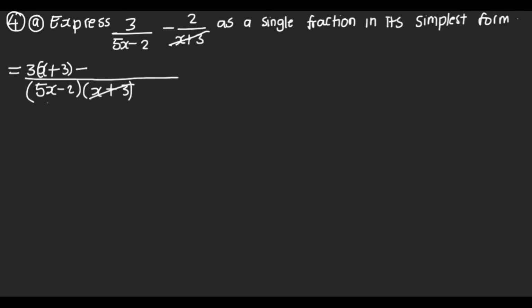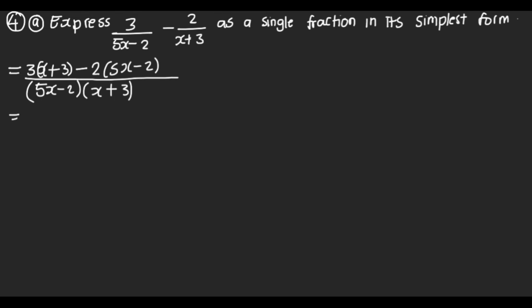This will cancel, giving us 2 and this one. So we're going to have 2 times 5x minus 2. That's why the simplest way is we know that this will multiply with this one, then this will multiply with this one.